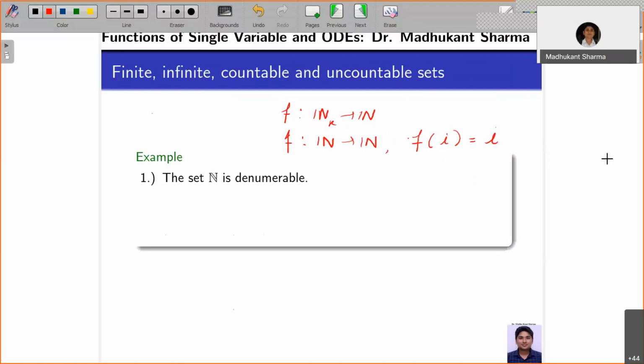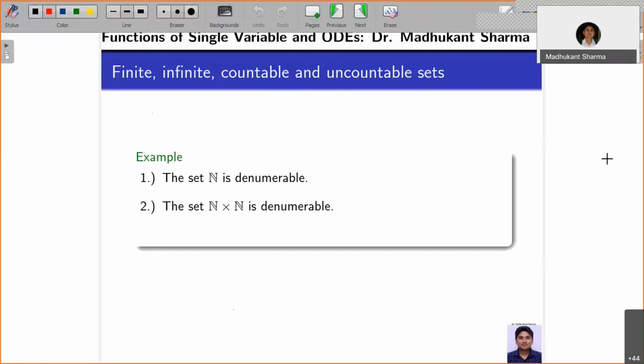And you know that the identity function is a bijection, both one-one and onto. So this is a bijection from N onto N, and this guarantees that N is countable.